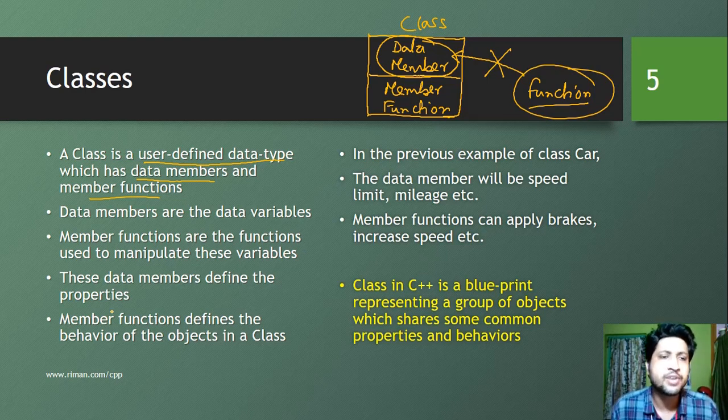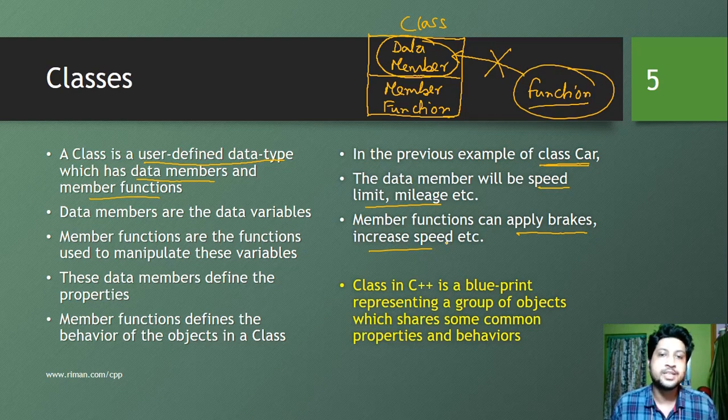And these data members define the properties of a real world entity, as we have seen in the previous slides, and member functions actually define the behavior of the class. So for example, in our previous example of car, we can say that the data members are the speed limit and the mileage, whereas the member functions could be apply brakes, increase the speed.